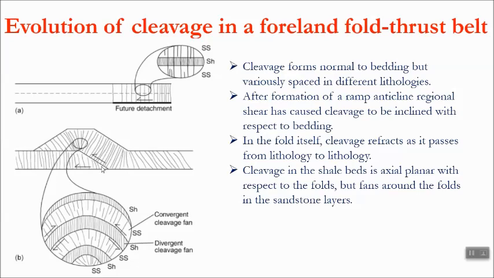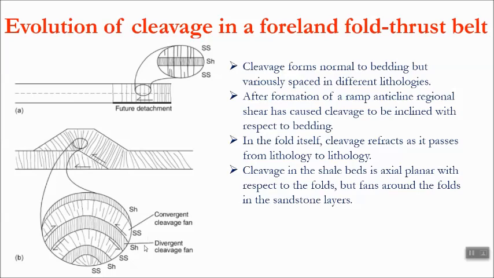After that, we consider a faulting or thrusting in this rock, and we see that this block has moved over this block. If we see a section in the hinge region of the fold formed due to this thrusting, there will be alternate bands of sandstone and shale, and this cleavage, which was formed before deformation, will show some kind of refraction. This bending of the cleavage along these bands is called refraction.